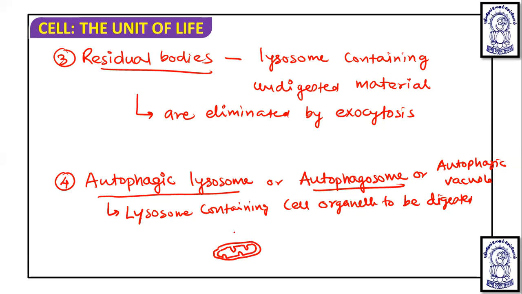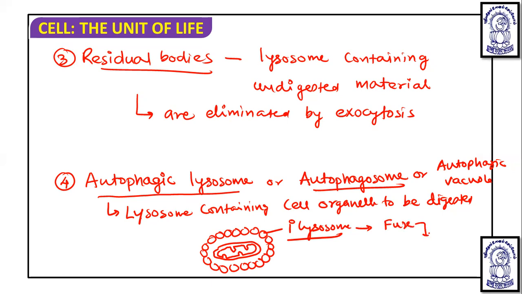And if we want to digest it, then the primary lysosome will come around this cell organelle, and this primary lysosome which surrounds this organelle fuses and then releases enzyme over the organelle and digests the organelle.